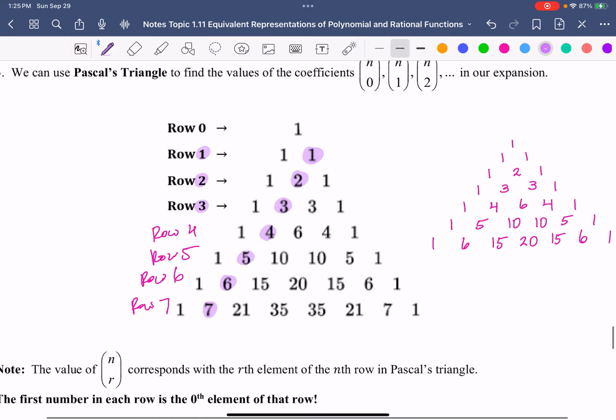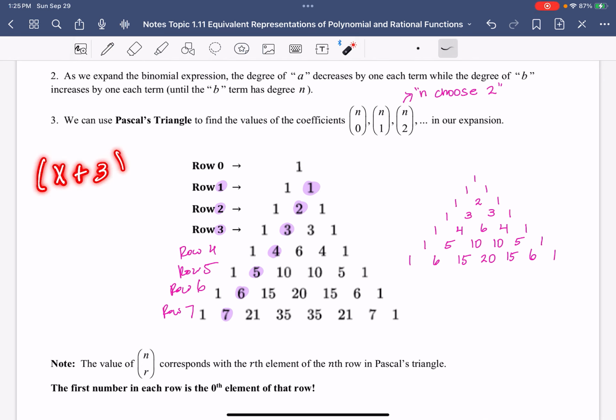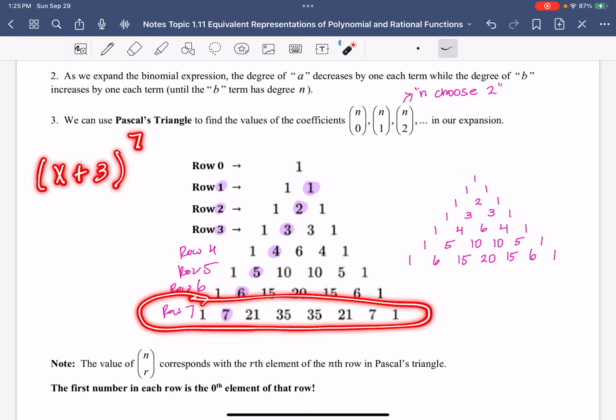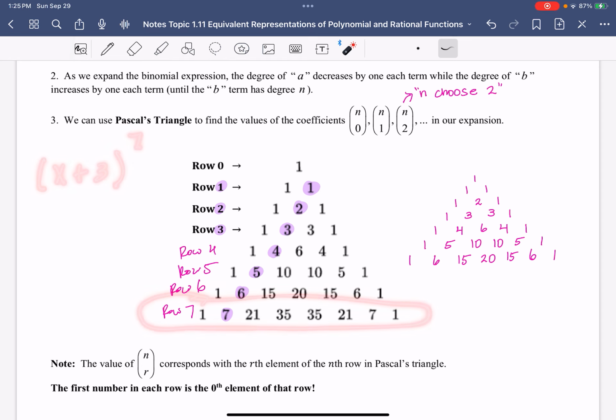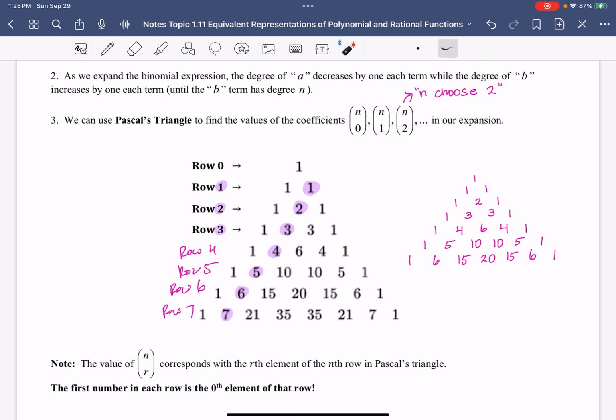And then the row number that you need depends on what degree you have, right? So if I tell you x plus 3 to the power of 7, then you need to make sure you have at least the 7th row. If I tell you x plus 3 to the power of 4, you just need up to here. You wouldn't need to complete all of this because you would just need the fourth row.